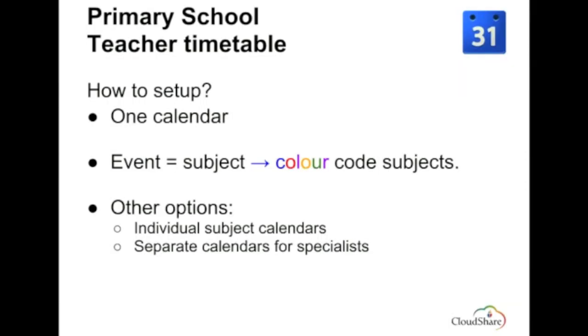The way we've seen this set up with primary school teachers is that, because you've just got the one class, you have one calendar, but you'd use colour coding of the events for separate subjects or times of the day. You may also want separate colours or even separate calendars for specialists or support teachers who help in your class.